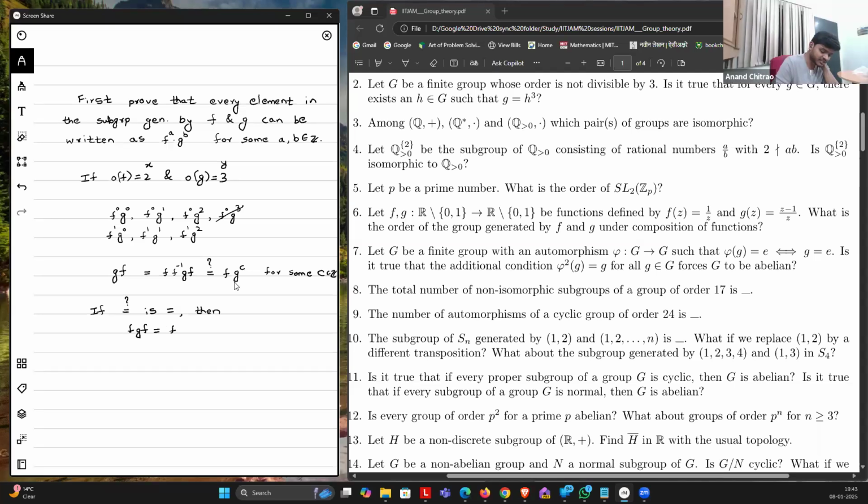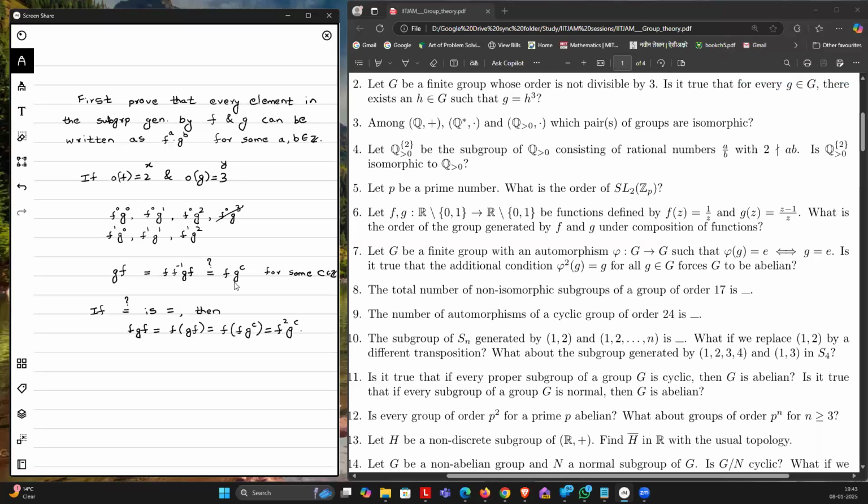Yes, perfect. Write this as f times gf, but you know that the equality holds, which means that gf can be written as f times g power c. So this is equal to f squared g power c. Okay, got it. So are you convinced that every element in the subgroup generated by f and g can be written as f power a, g power b once this is checked?